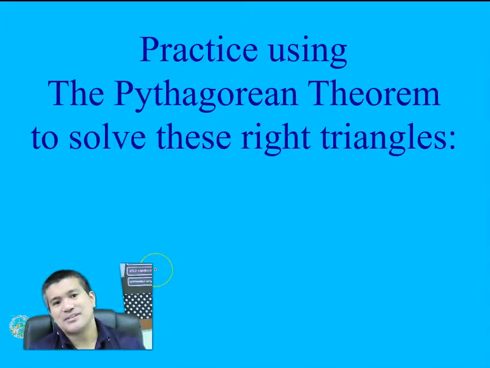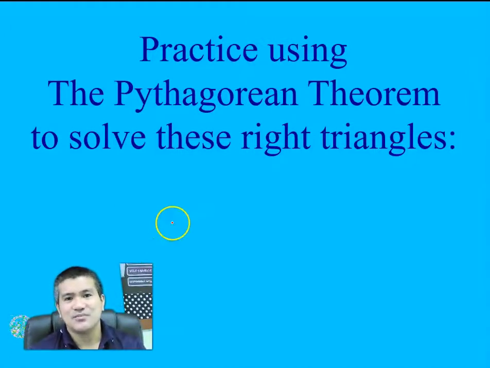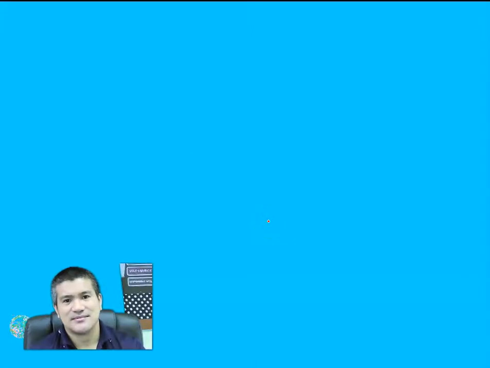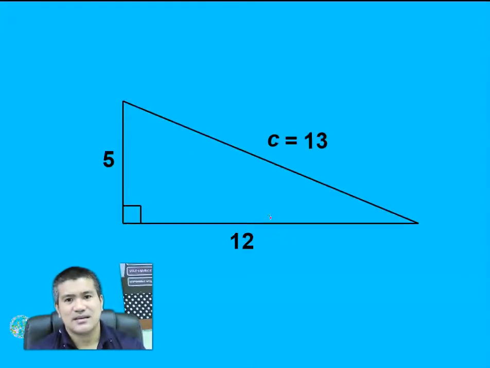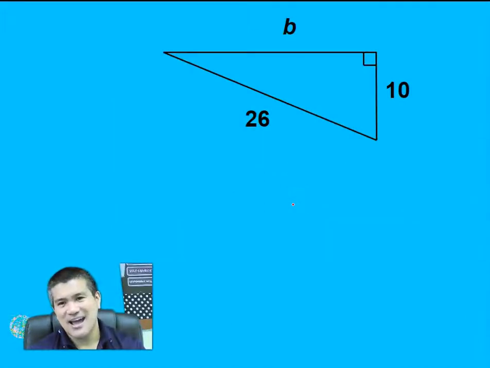Now, practice using the Pythagorean theorem to solve these right triangles. Oh no, I already put the 1 there. So therefore we have 5, 12, and 13. Okay, next. How about this one?